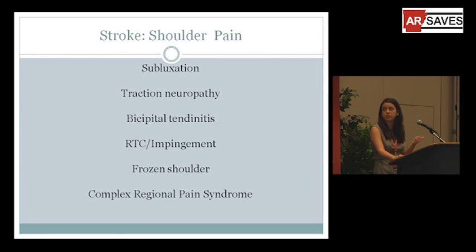And the most common ones are the subluxation and the overuse injuries like bicipital tendonitis and rotator cuff injuries. And these can be prevented by adequate positioning of the hemiparetic limb.